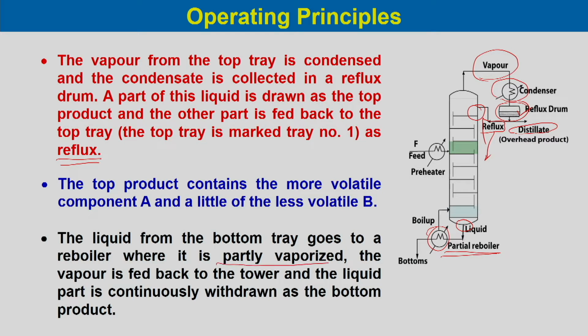Partially vaporized, the vapor is fed back to the tower, and the liquid part is continuously withdrawn as the bottom product. So, the bottom product over here is taken as bottoms, and the part of the vapor which is returned back to the column is known as the boil up.